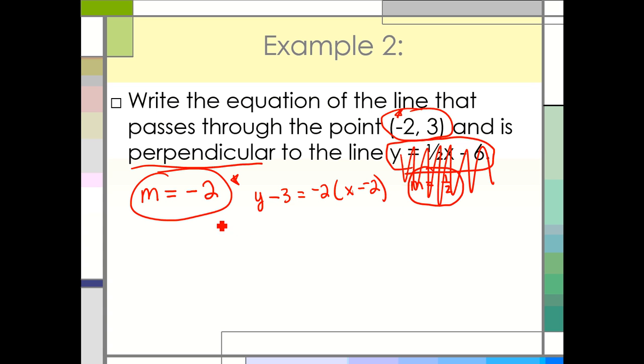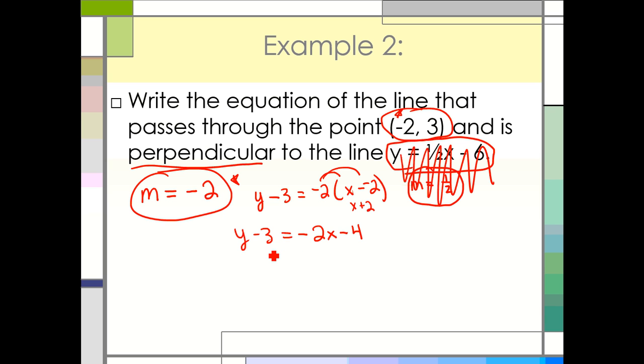So we clean this up. y - 3 equals, we'll distribute the -2, and we get -2x. Now, since this is a minus negative, this would actually be x + 2. So when I distribute the -2, that becomes a -4.